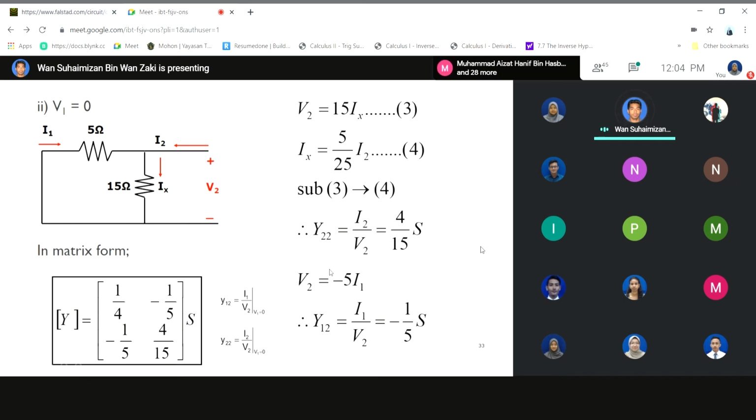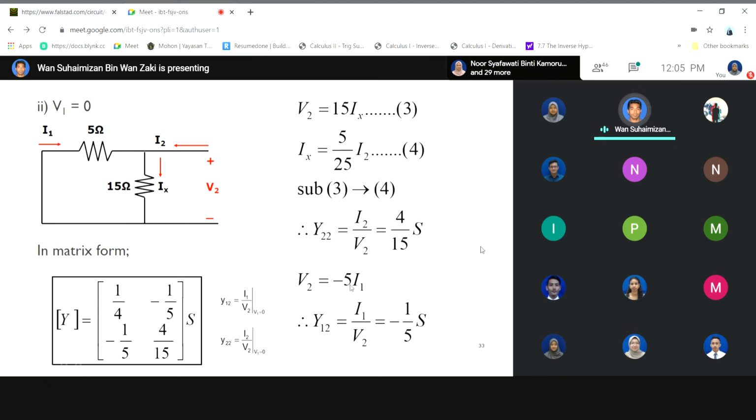Next, determine the ratio of I1 over V2. So where is your I1? This is I1, need the ratio to V2. So here you get V2 equals 15 Ix. Not 15. The ratio between I1 and V2: because this is parallel, V2 and I1 through the 5 ohm will be the same. 5 ohm times I1 will be your V2, right?